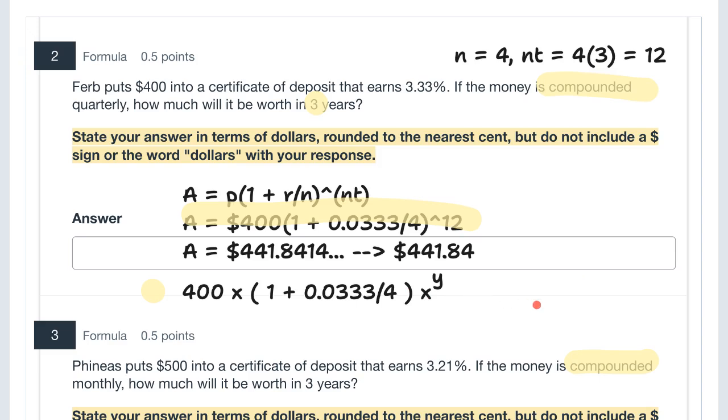And then I put in what? The 12. I used the whole 12 there, right? And that was the whole point of doing this exponentiation calculation way up here, right? 4 times 3 is 12. And then I hit my equal sign.